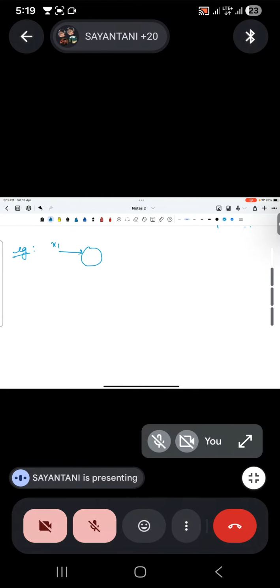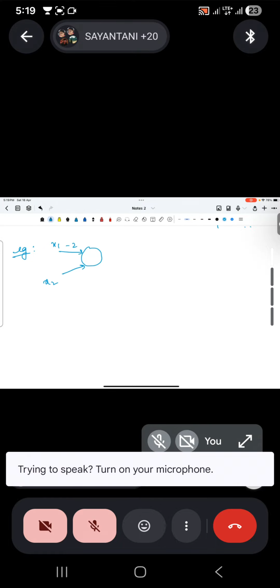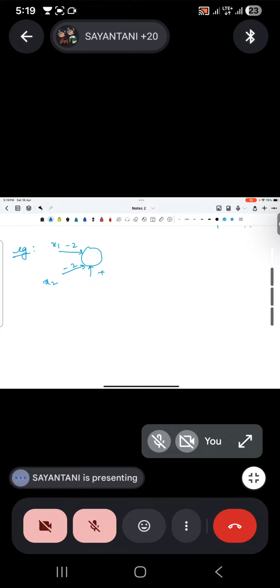Suppose I have two inputs, x1, x2. Suppose the weights are -2 and the bias is +3. So I have a summer, I have a nonlinear unit, and I get some output a equal to f of z.